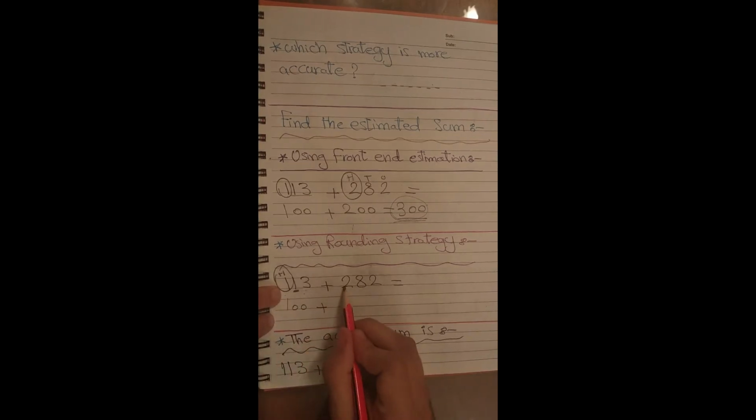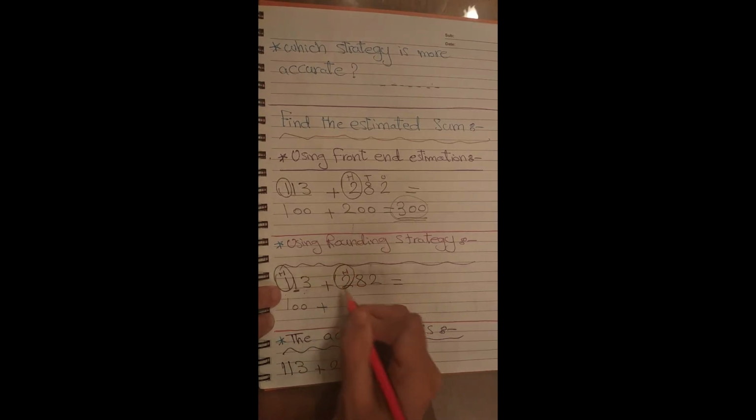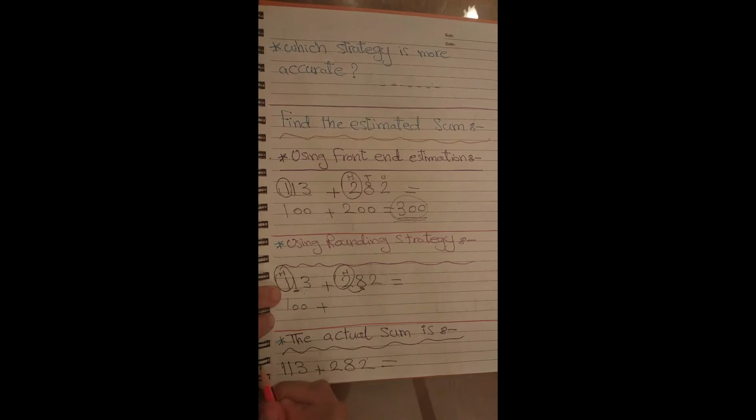Plus 282 will be rounded here to what? Our leading digit is 100, and it will ask for its neighbor's help. 8 is strong, so it will help our leading digit to be 1 more, so it will be 300.